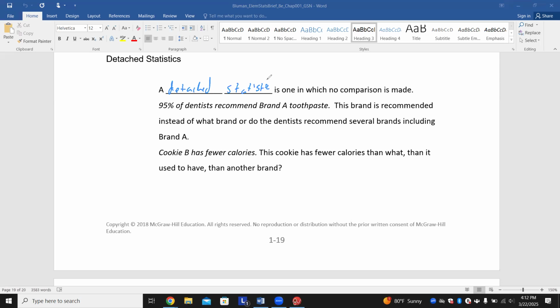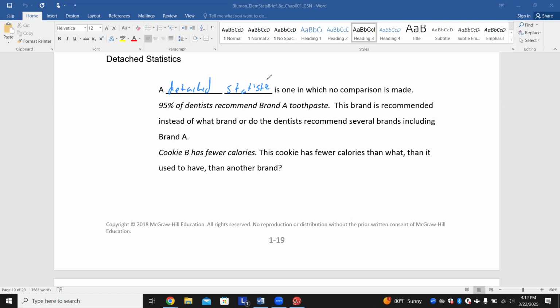Cookie B has fewer calories. Fewer calories than what, right? Than it used to have, or another brand, right? Are we just saying, wow, this one cookie has 300 calories? It used to be 320, versus my double chocolate caramel fudge cookie has fewer calories than a complete sugar bar, right?